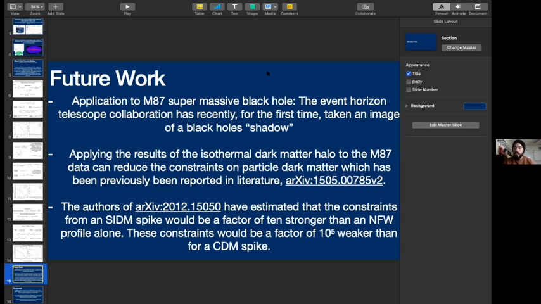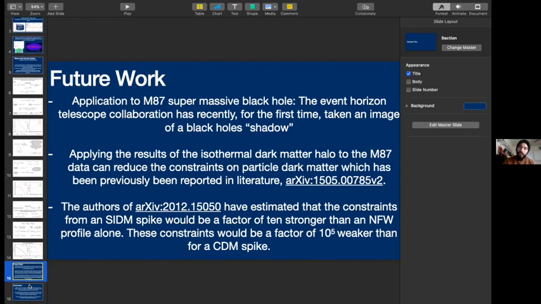So we want to see if we can weaken these constraints a little bit using SIDM. And so me and Haibo have estimated that we expect about a factor of 10^5 weaker constraint in the SIDM case than in the CDM case. But there's more work to be done.